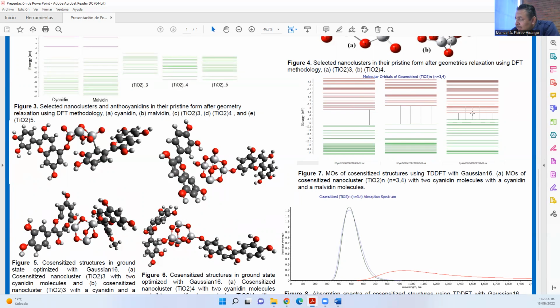The third one is the 3-unit titanium dioxide with the combination of cyanidin and malvidin. We haven't got the fourth one, the 4-unit titanium dioxide; it is still in process. So I will present that later on.